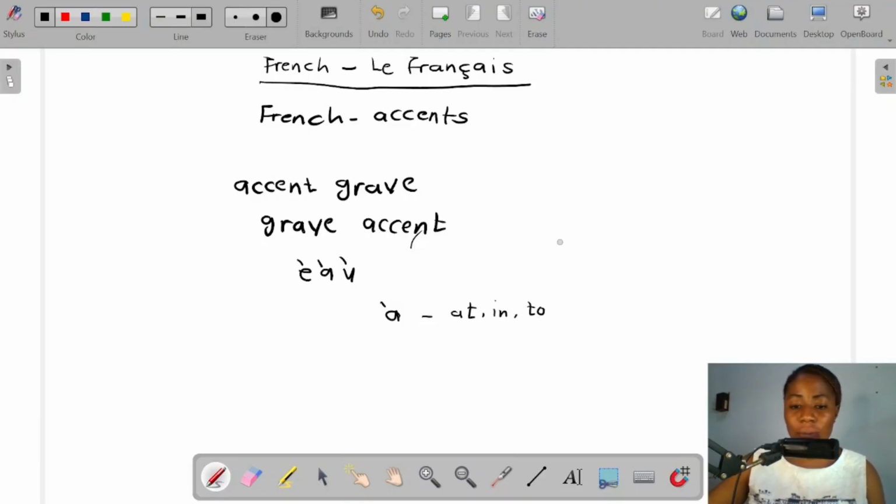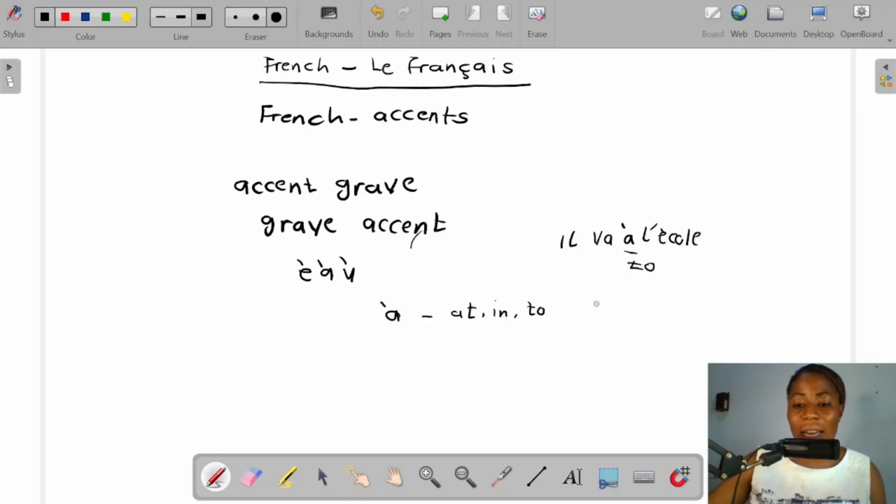For example, Il va à l'école. You've seen the A here, which has an accent grave on it. Il va à l'école, it means he goes to school. So it means the A here with accent grave is making it to.